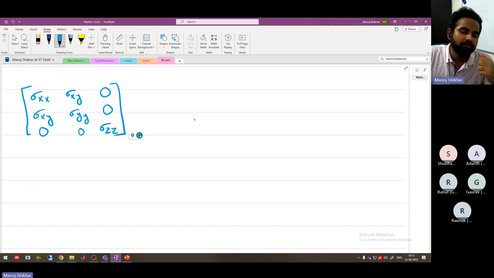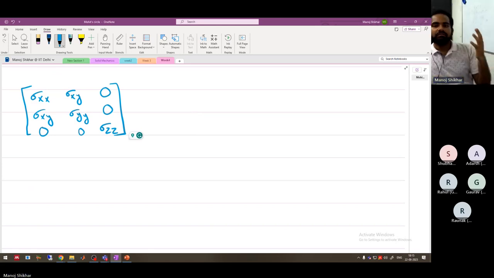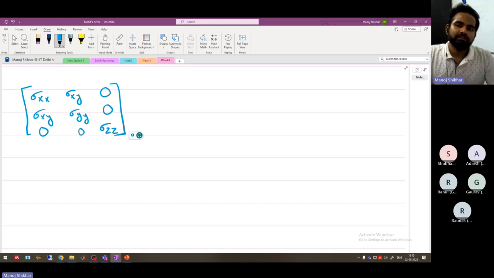So the Mohr circle will help us to find out the stress components on a plane which has been rotated by some angle alpha from E1 axis. Now alpha can be clockwise or counterclockwise.